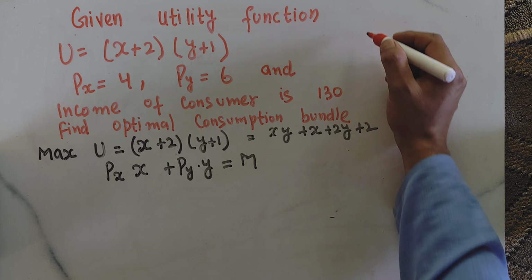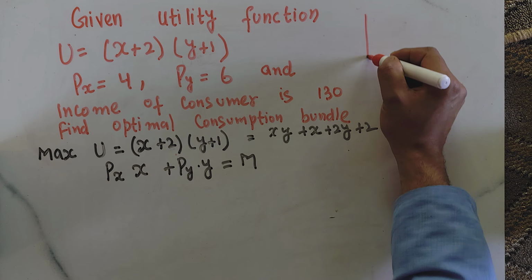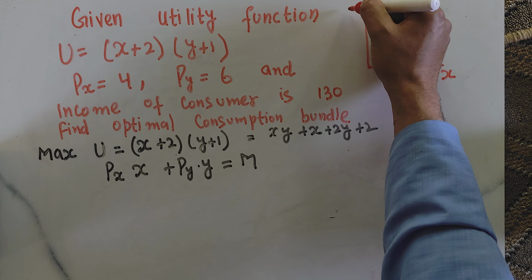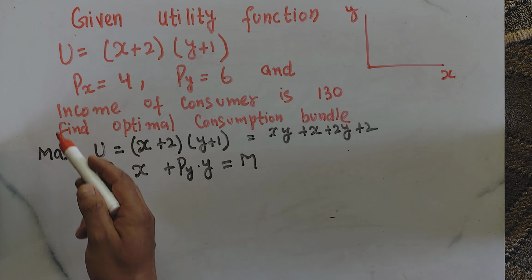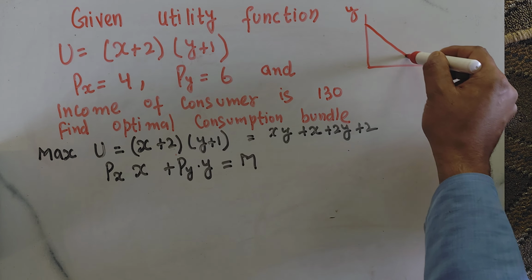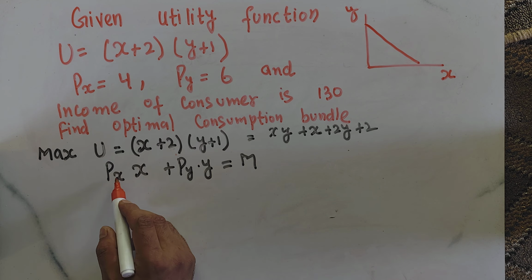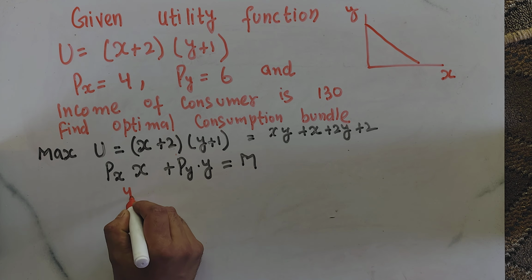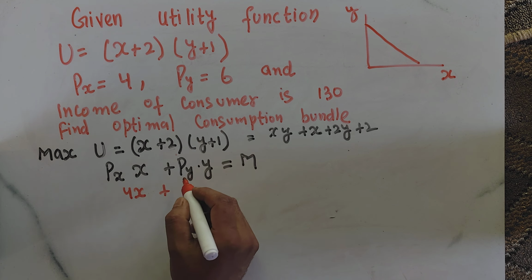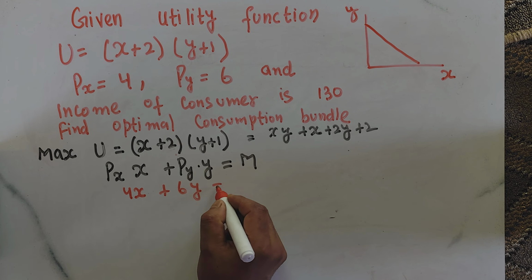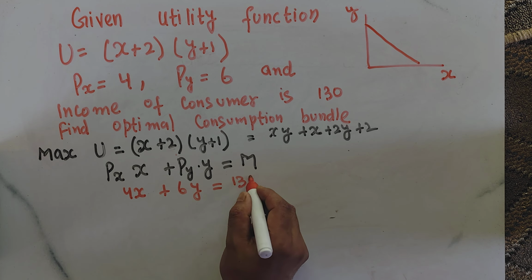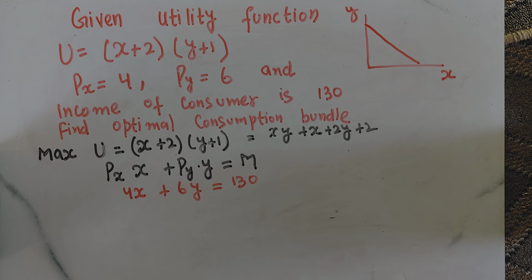Graphically, what exactly is meant by this? We have good x on the horizontal axis and good y on the vertical axis with the given budget set. Specifically, the price of x is 4, so we have 4x plus the price of y, which is 6, so 6y should be equal to 130.